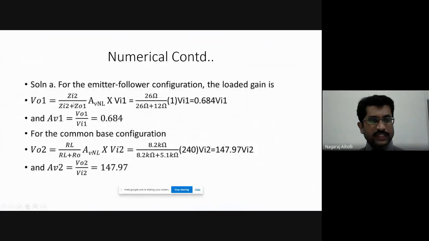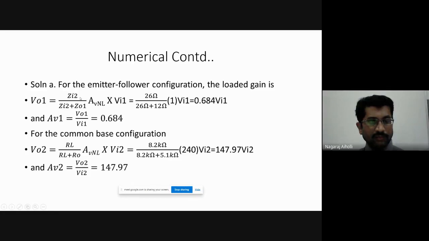So we get V naught 1 is equal to Zi2 by Zi2 plus Z01 into AVNL into Vi1. Correct? Because V naught is equal to V naught 1, RL is equal to Zi2, and R naught is equal to Z01. Vi is equal to Vi1. Then this is AVNL, the no load voltage gain. So V naught 1 is equal to Zi2 divided by Zi2 plus Z01 into AVNL into Vi1.